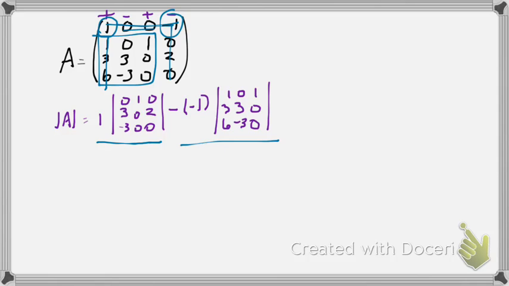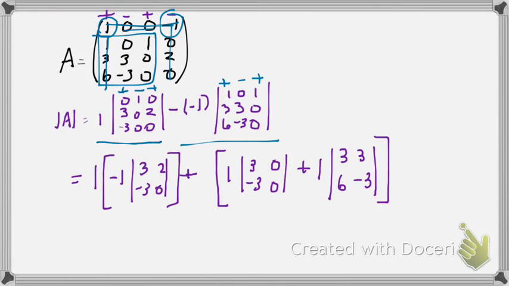So what do we have here? This will be a plus, a minus, and a plus. This will also be a plus, a minus, and a plus. And this came from the negative 1 to the 1 plus j that we saw in the previous slide. And so we will have this resulting matrix here. We have the 1 times, and for this term, again, we only have to look at this middle term because the others are 0.